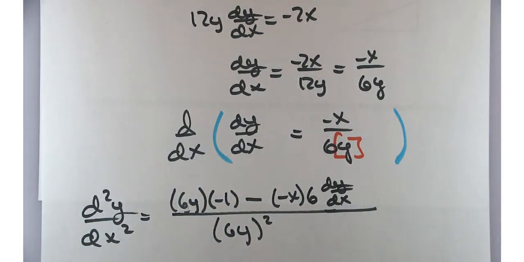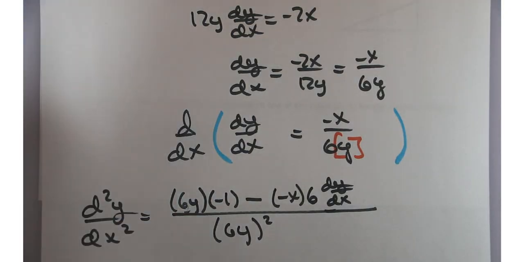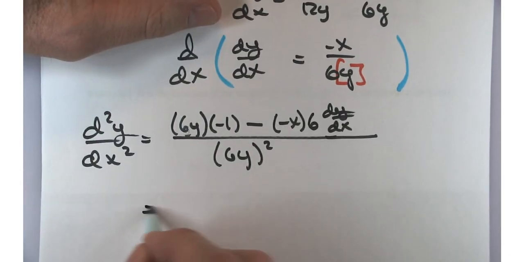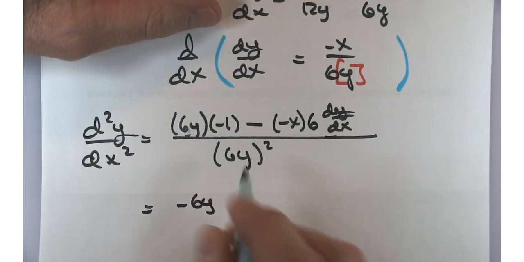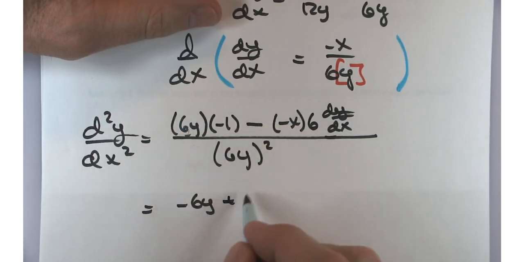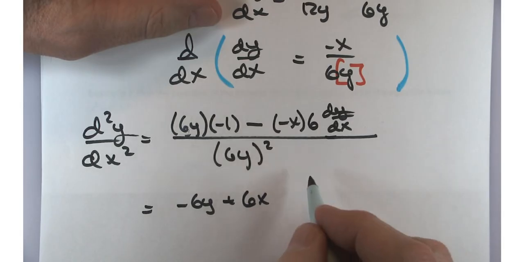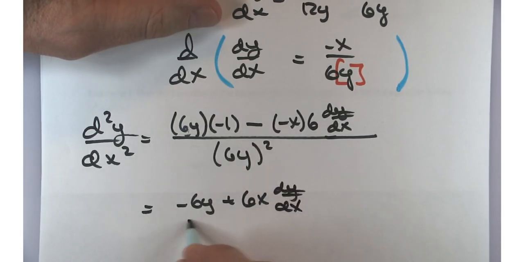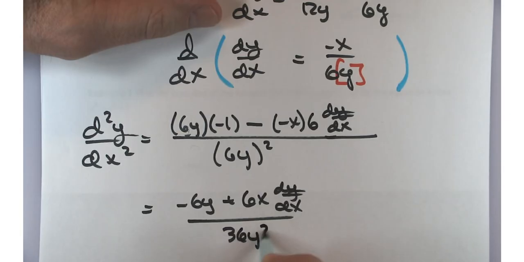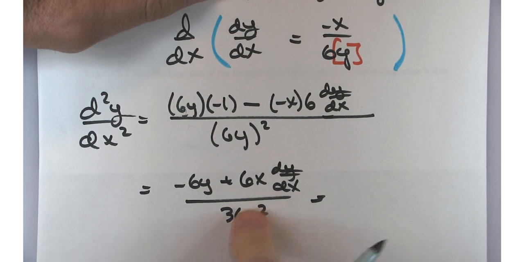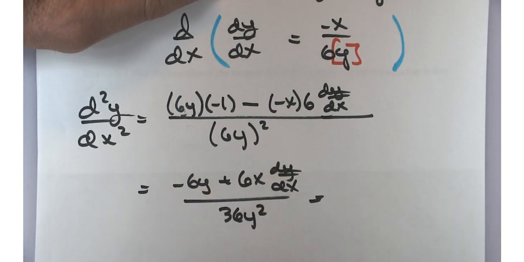So, okay. Let's see about cleaning this up a little bit. That's going to equal negative 6y, and then the two negatives are going to be a positive, plus 6x dy by dx over 36y squared. You can factor out a 6 from all of these things and cancel it.